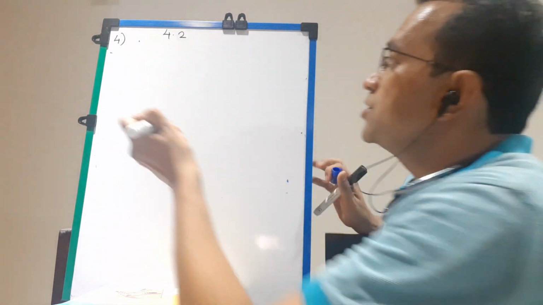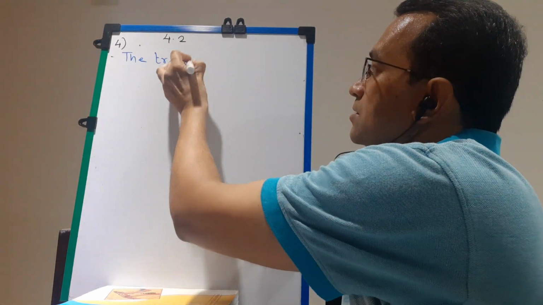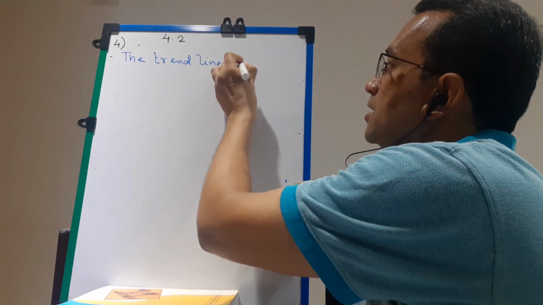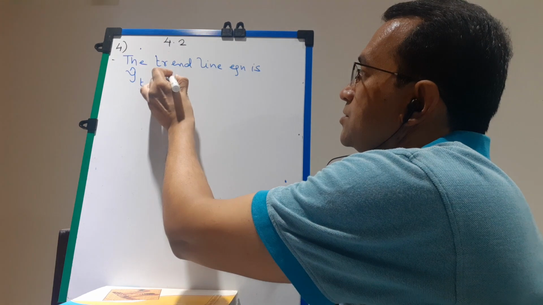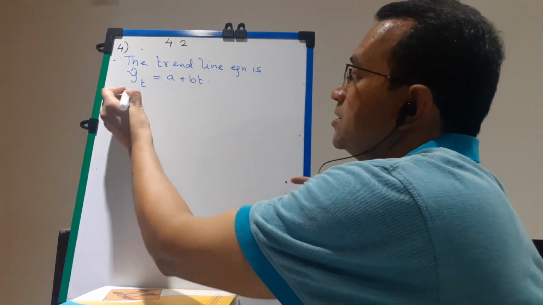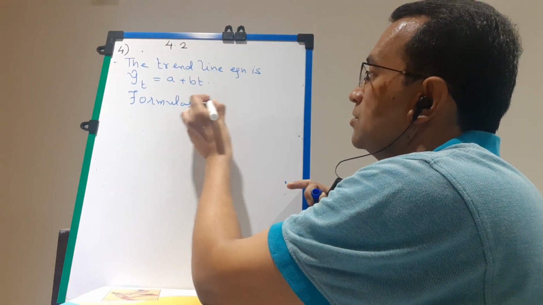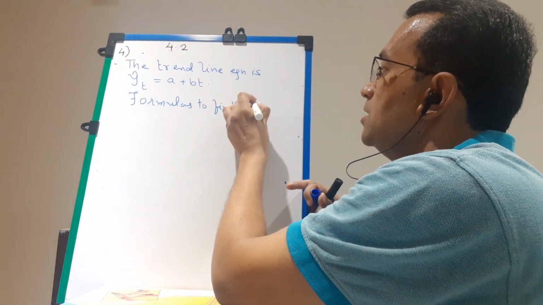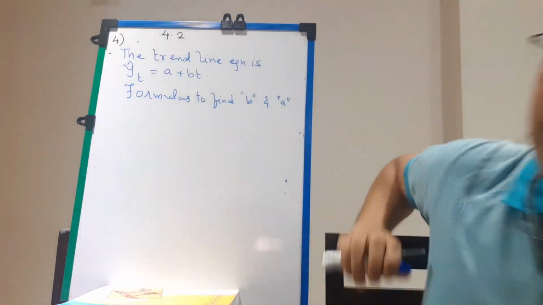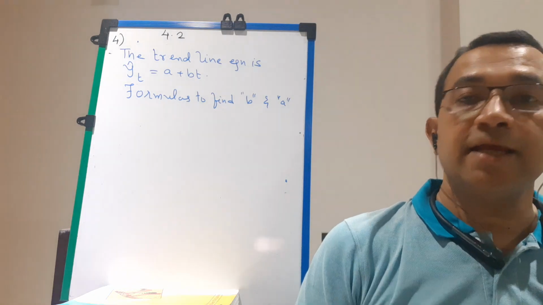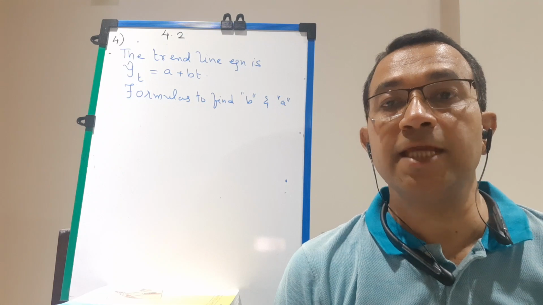The trend line equation is Yt cap is equal to a plus bt. Formulas to find b and a. Students, all of you know that b is required to find a. So first we will find b, and then we will go for a.